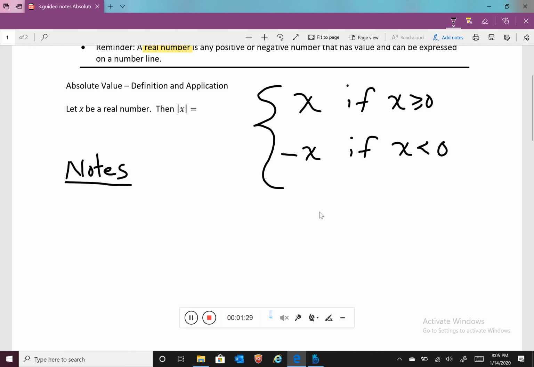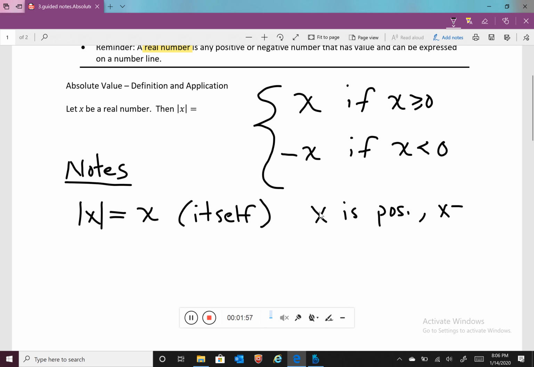is, what does this mean? So this means that if x is a positive number or 0, then the absolute value of x is equal to x itself. Again, this is if x is positive or x is 0.